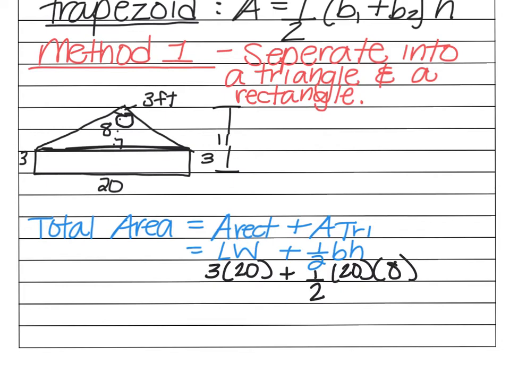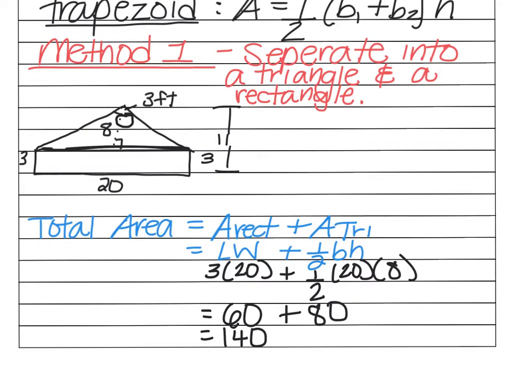So then we go ahead and solve this. So we have 3 times 20 is 60, plus we have 8 times 20 divided by 2, we get 80. Add those together, we get 140. So that whole entire piece right here of the triangle and the rectangle is 140.